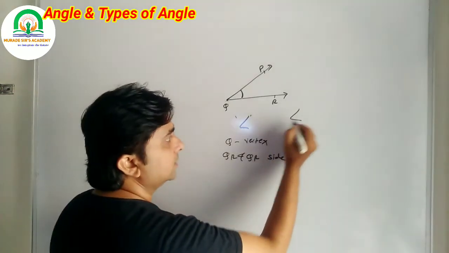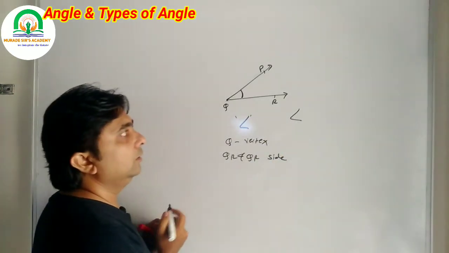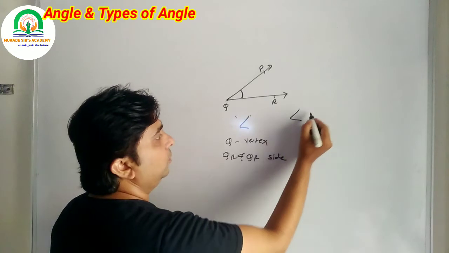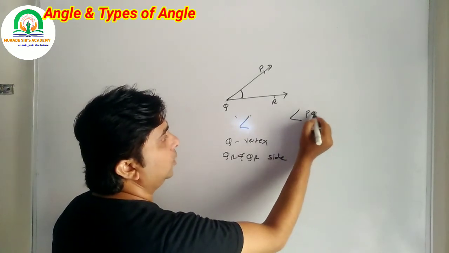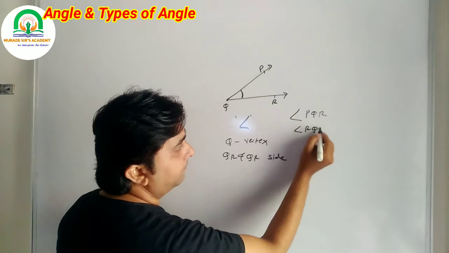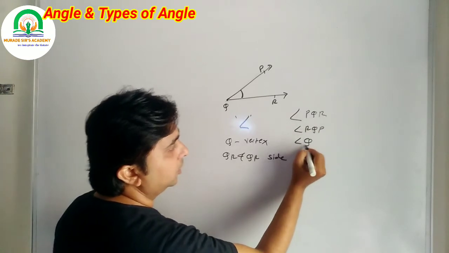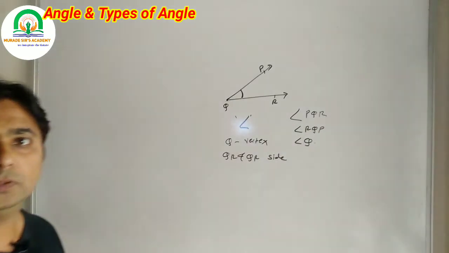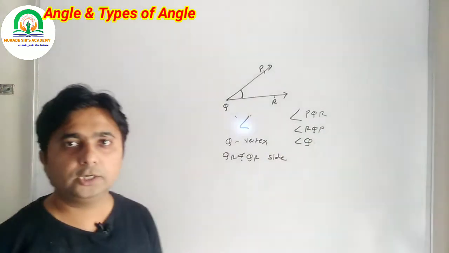We call the angle angle PQR, or angle RQP, or simply angle Q. Okay, understood?